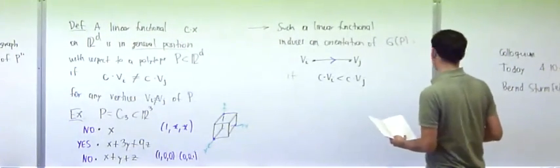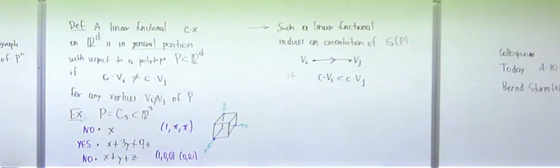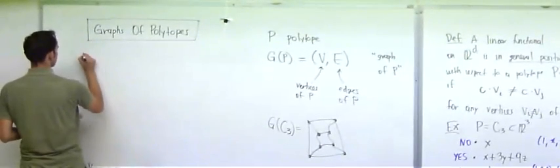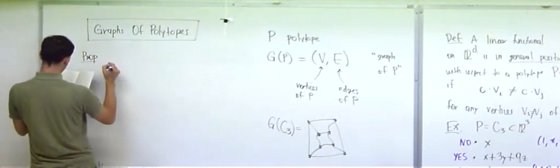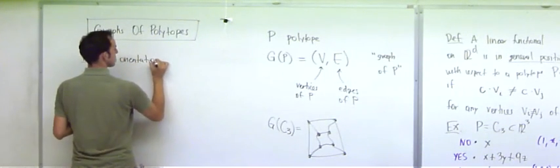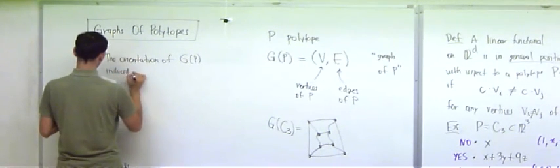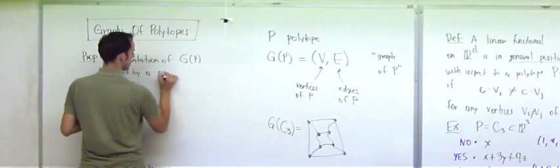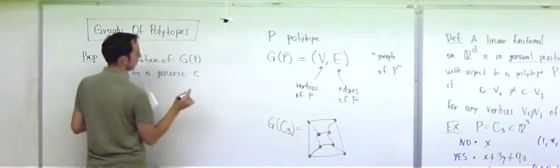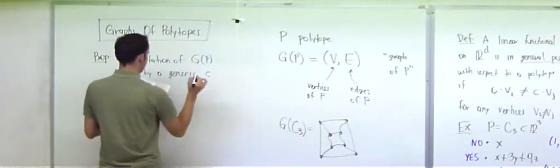Maybe let's just go over here and state it over here. Proposition. The orientation of the graph of a polytope induced by a generic C. When I say that C is generic, I mean that it's in general position with respect to P. Satisfies the following properties.